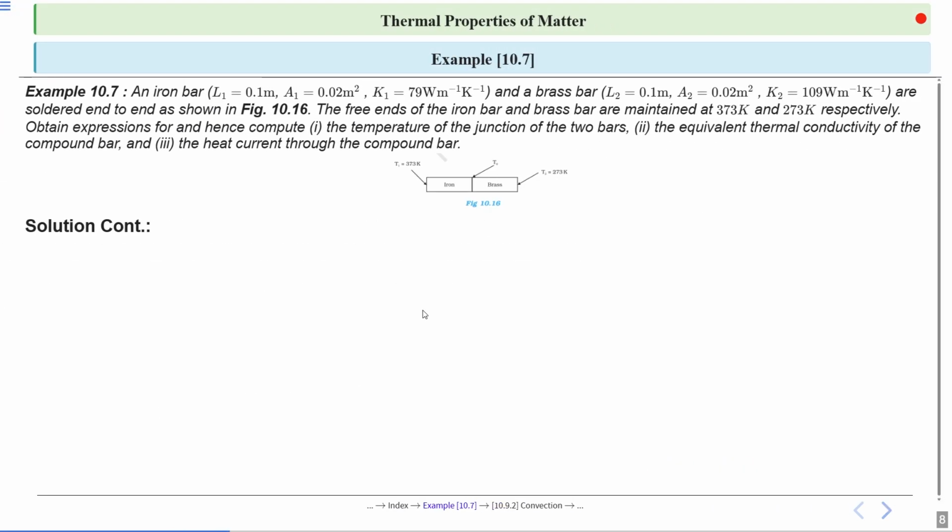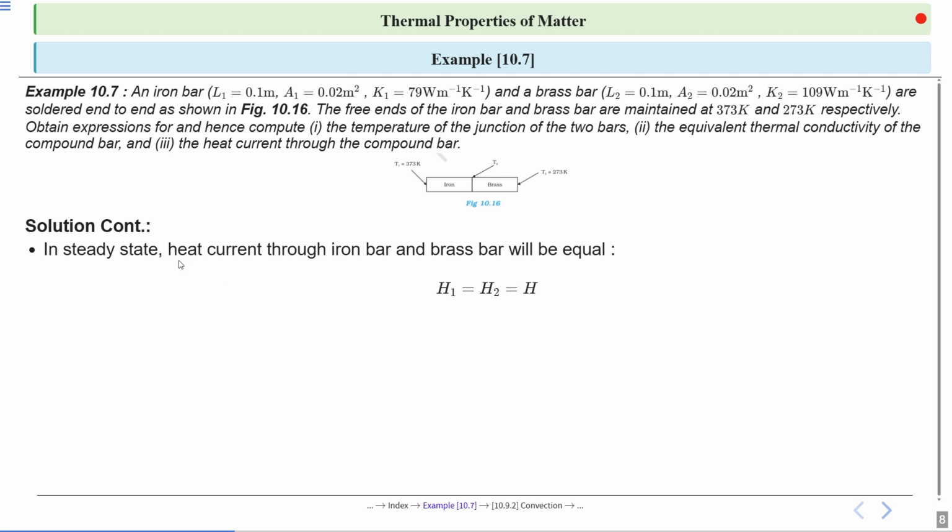Now in steady state, the heat current through the iron bar and brass bar will be equal. So we can say H1 is equal to H2 equal to H. So we know the value of H1, that is K1 A1 (T1 minus T0), and H2 is K2 A2 (T0 minus T2).